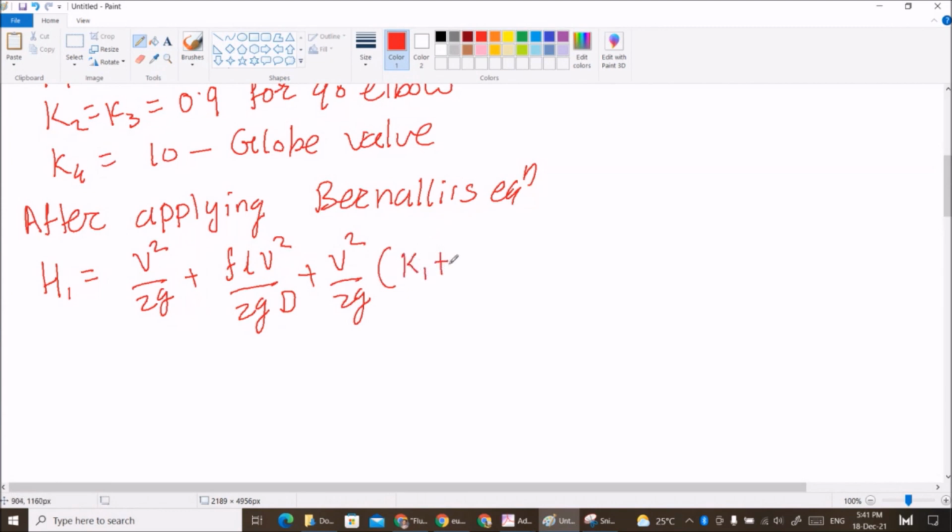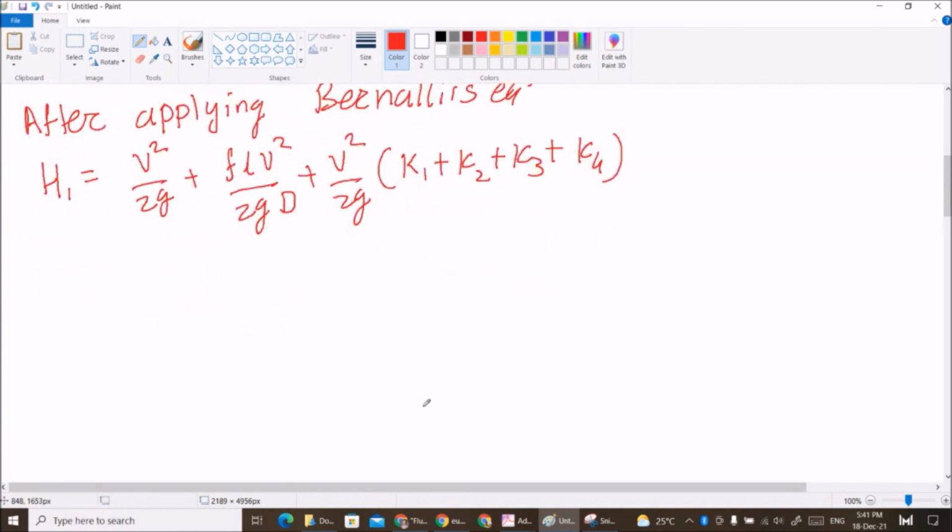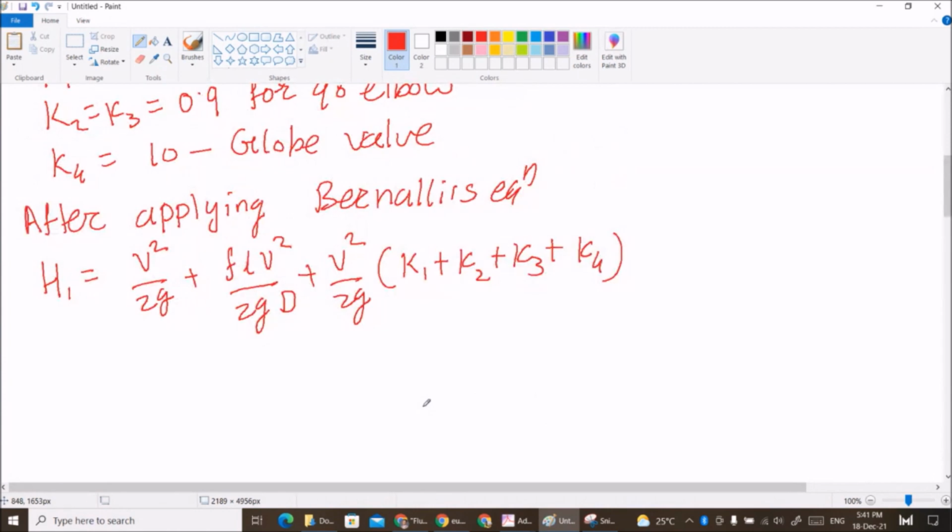So K1 entrance, K2 plus K3, that is the 90 elbows, plus K4 globe valve, and exit I will not use, and this is the velocity head.